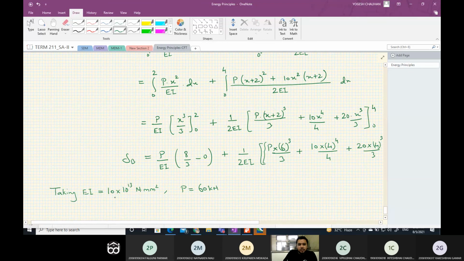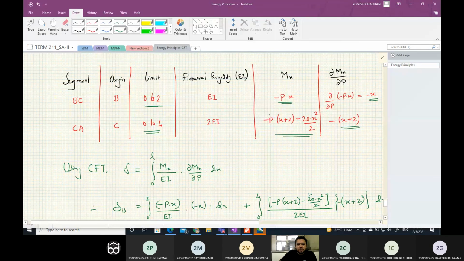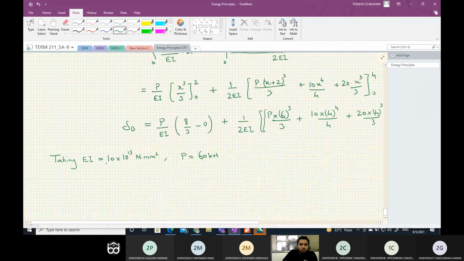Note that here we have used the distance in meter. All the distances, 0 to 2, are in meter, so the limit is in meter. Load is in kilonewton and distance is in meter, so you have to convert this into kilonewton meter.